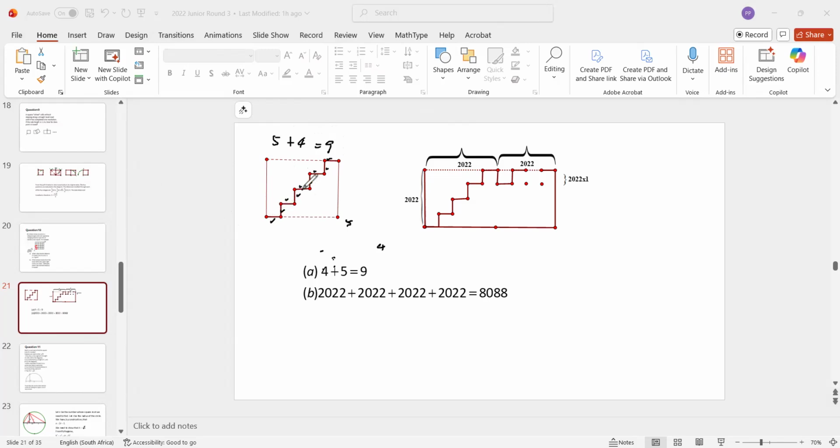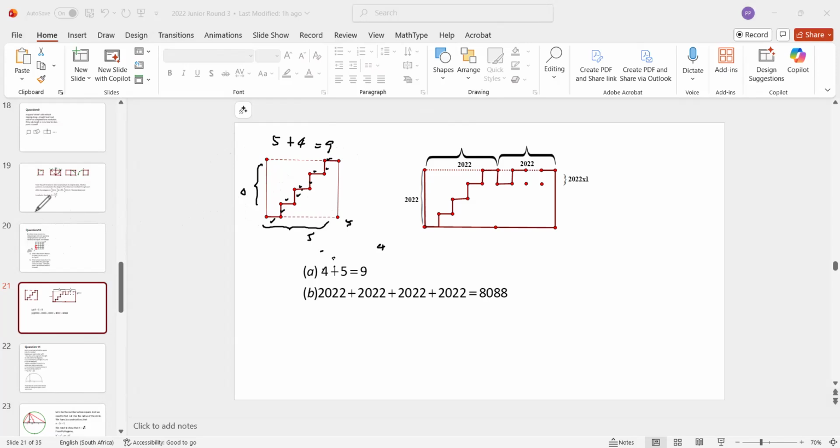Horizontals are 1, 2, 3, 4, 5, and verticals are 1, 2, 3, 4. So in this case, the very first question is a 5 by 4 grid, so this is 5 units long. All right, so the answer is 9.